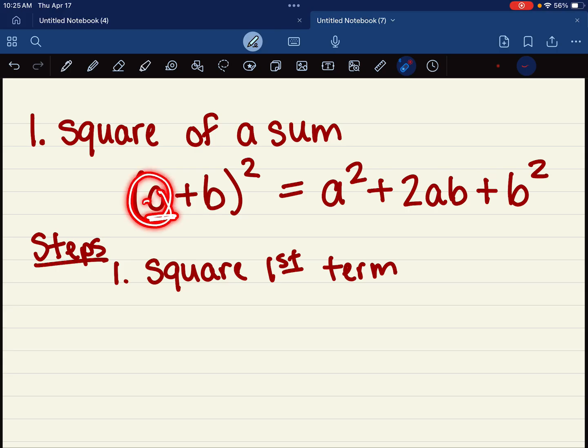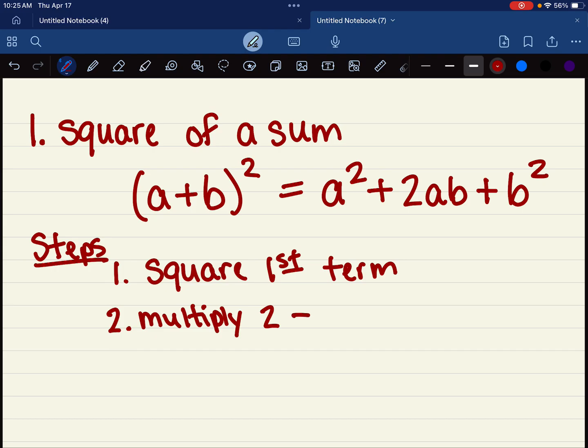A. Well, what's a times a give you? A squared, right? So we square the first term, which gives us a squared. Your second step is multiply the 2 terms and double.